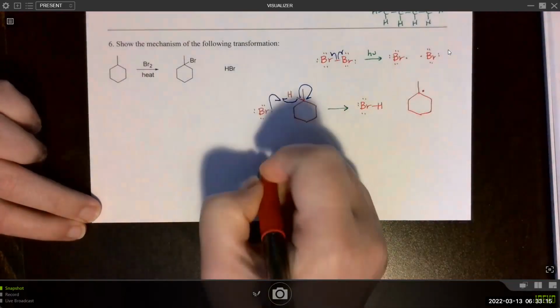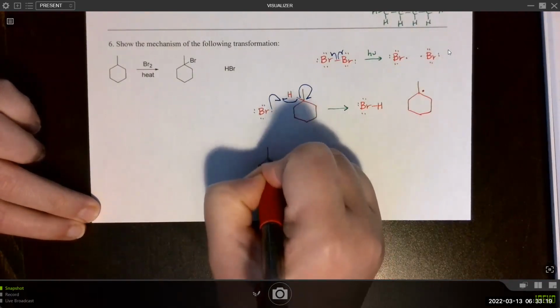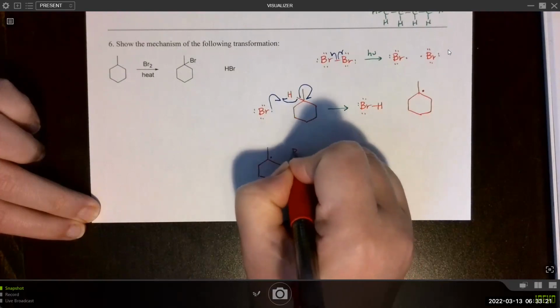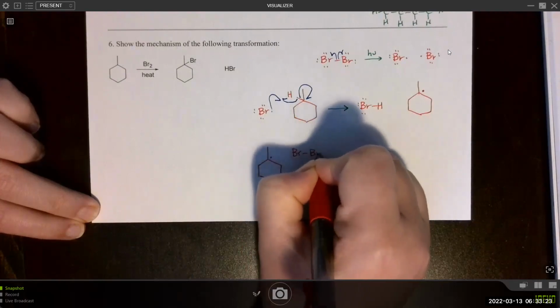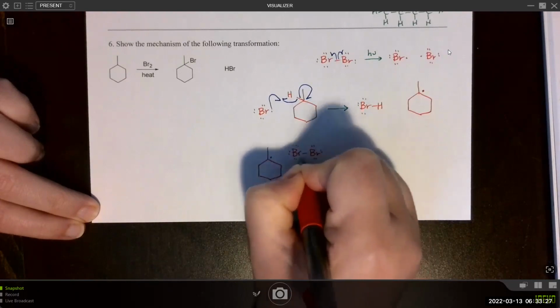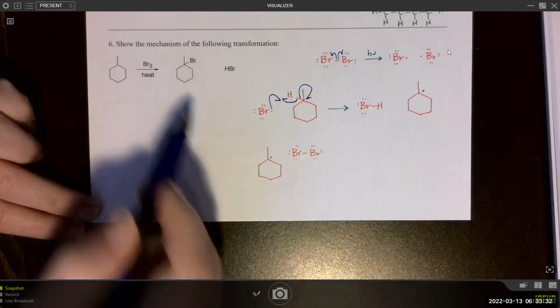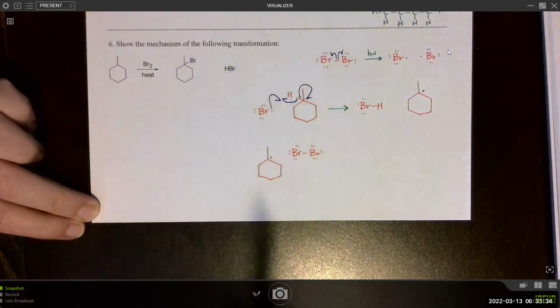And then the carbon radical does halogen abstraction. Typically it's not needed to draw any termination steps to explain how this product is formed.